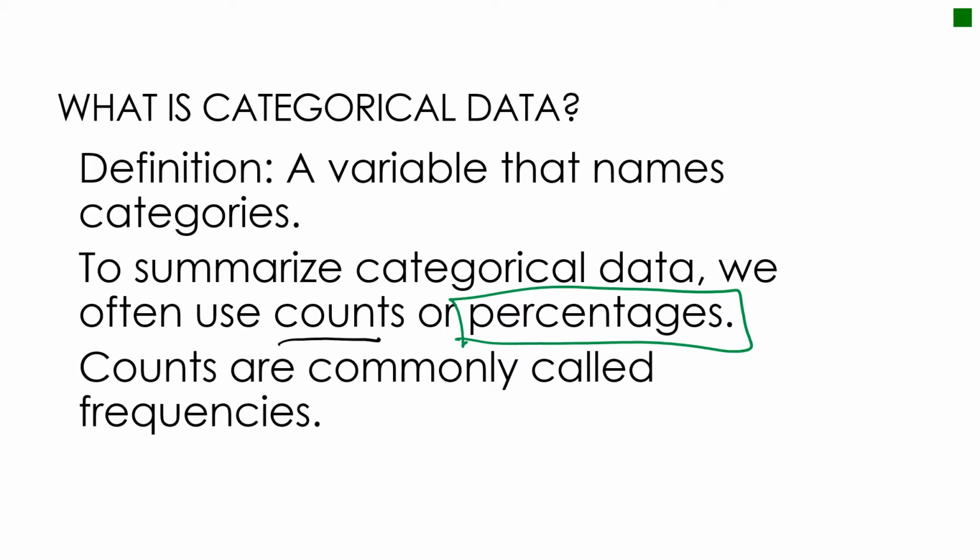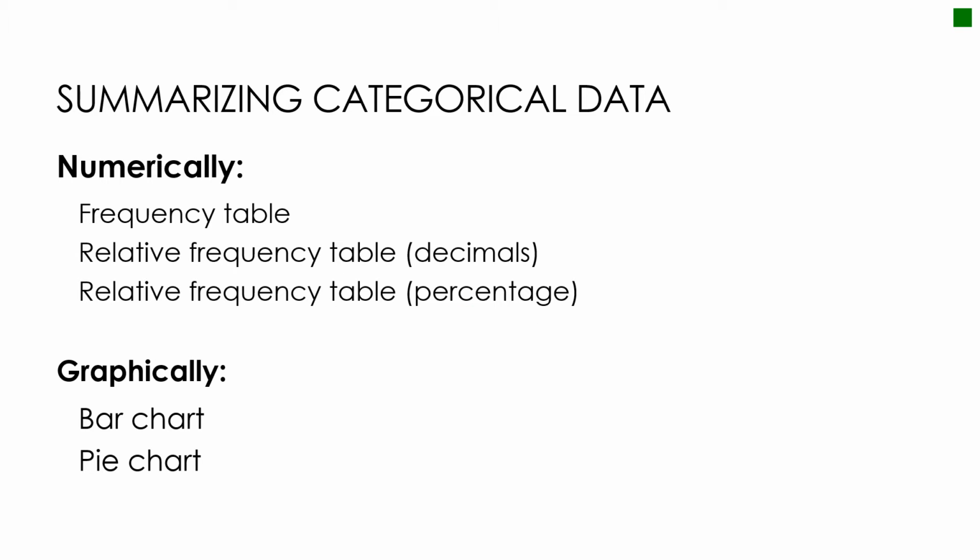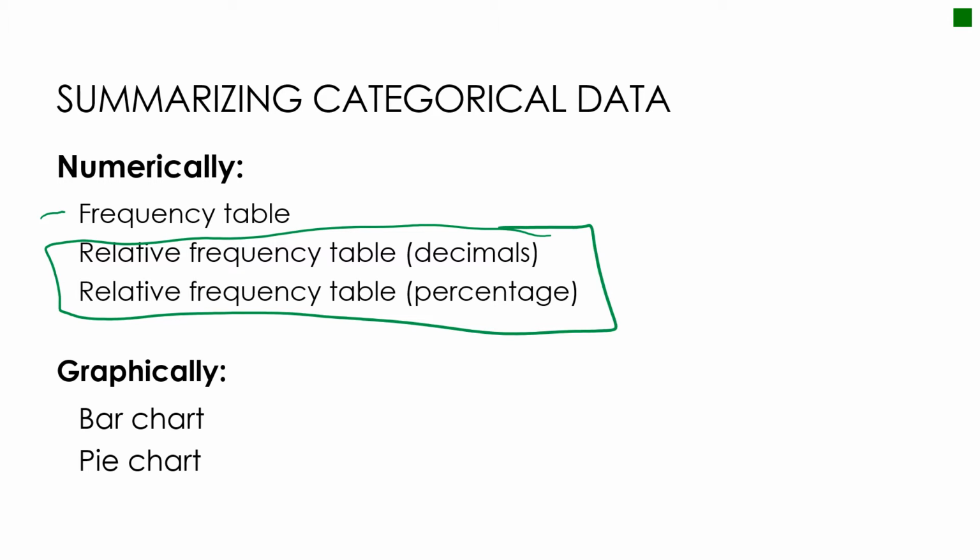The counts are often called frequencies, so if you've heard of a frequency table, that is what it's all about. So here is how we will summarize categorical data. We can make a frequency table, which we'll make together in a moment. We can also make a version of a relative frequency table, which is quite often done in conjunction with a regular frequency table.